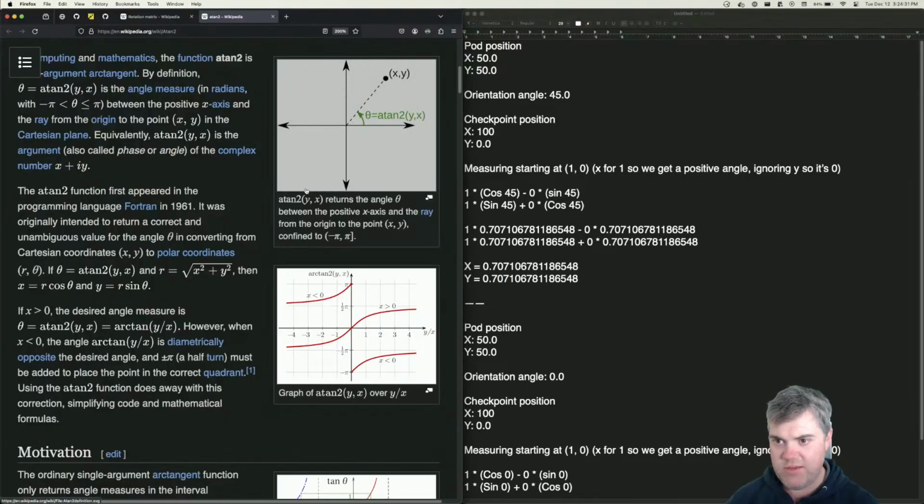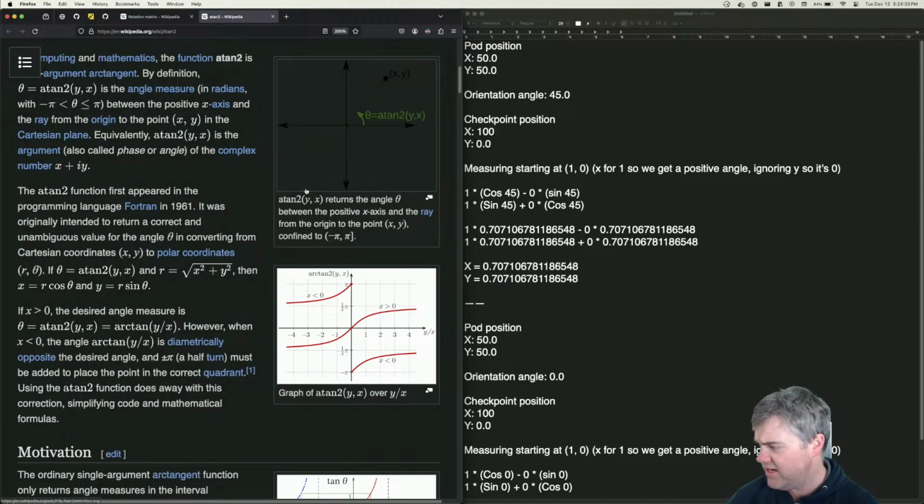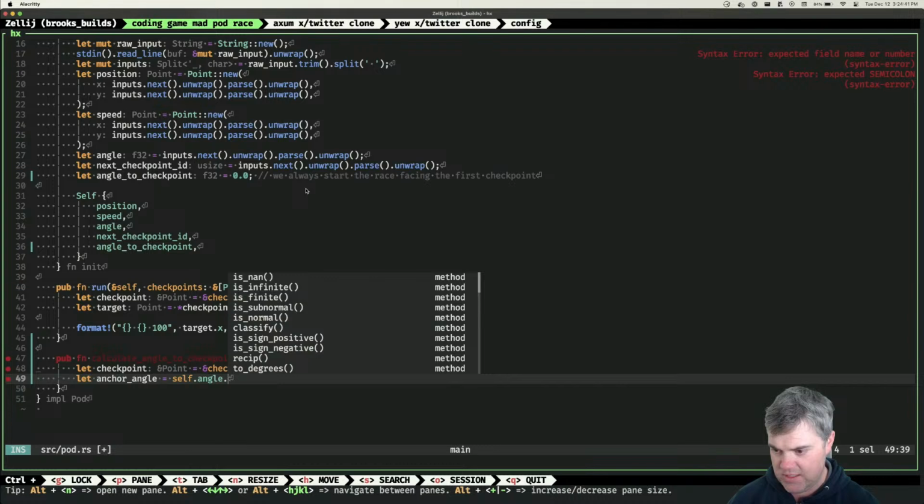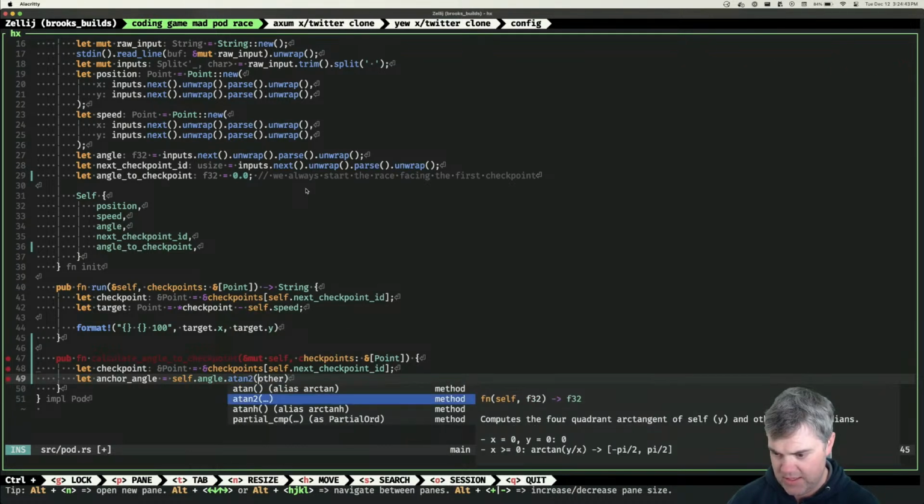What do you give back? You give back this x and y. What are you going to give me? I'm really curious now. So I want self that angle, atan2, which computes the 4-quadrant arctangent of self y and other x in radians.